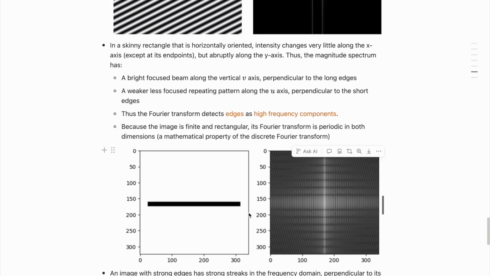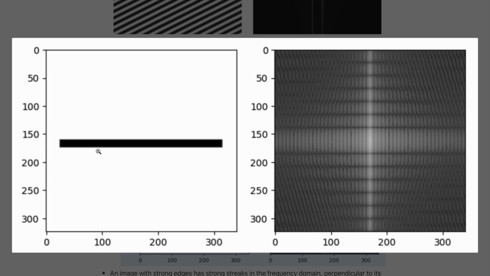What happens if I have a skinny rectangle over here? This is kind of interesting. So we have two very long edges where a lot of pixels experience rapid transitions in their gradient, and two short edges where fewer pixels experience rapid transitions in their gradients. In the case of the long edges, the transition in pixel intensity is in the vertical orientation.